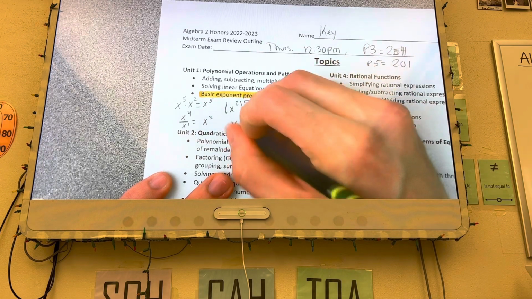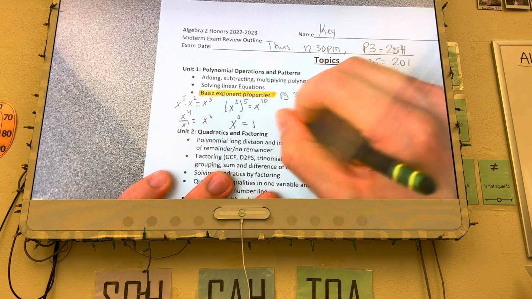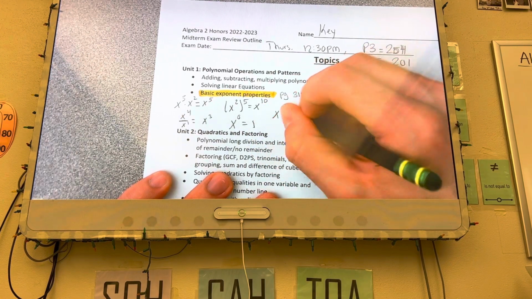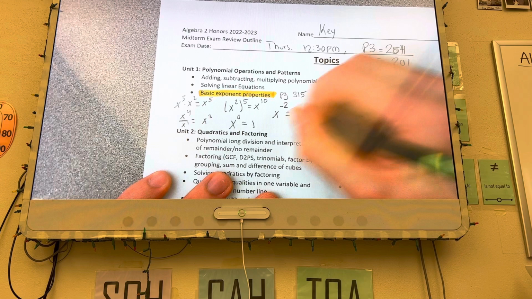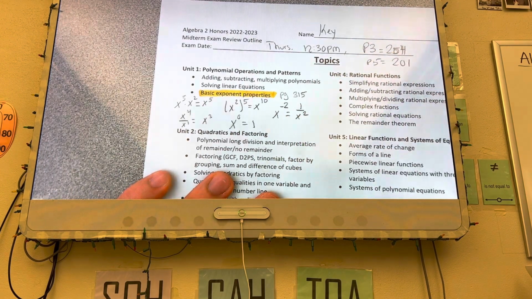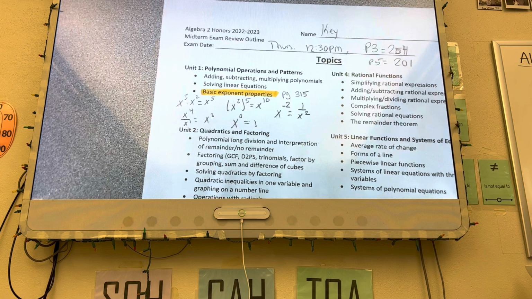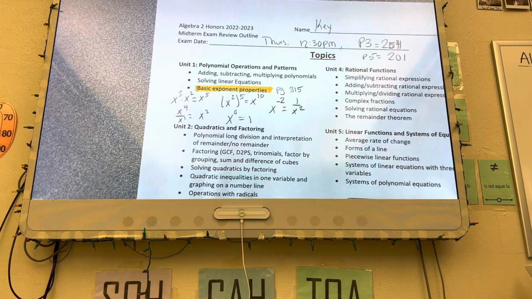The zero power property, anything with the zero power is 1. The negative exponent property, x to the negative 2 is equal to 1 over x to the positive 2, right? And then, what's the one that we always do? We'll go into that one later. But yeah, those are the basic ones, unit 1.